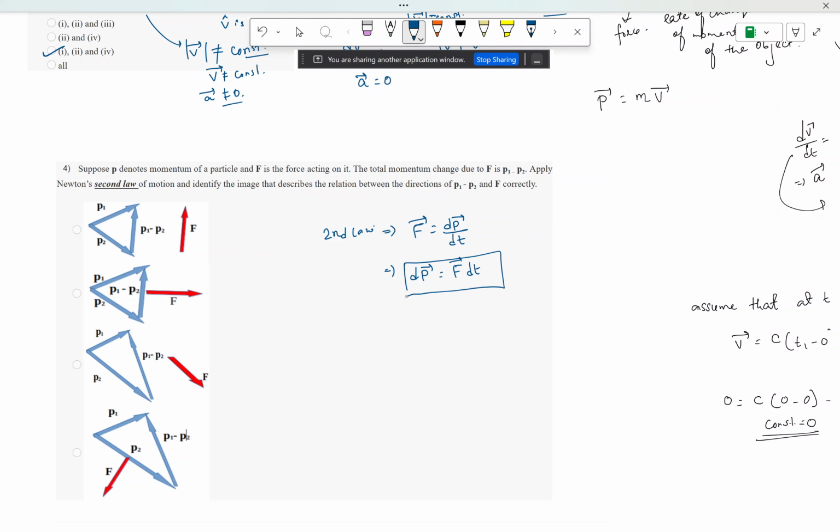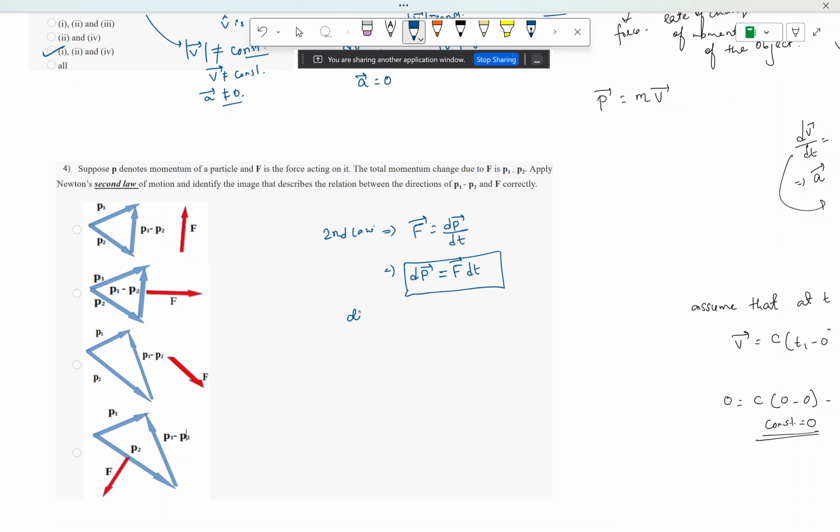Now dt is just a small infinitesimal amount of time, so it has no direction. Time has no direction, but the force and the momentum change vector both have directions, and they are on two sides of the equal sign. That means these two vectors will have the same direction.